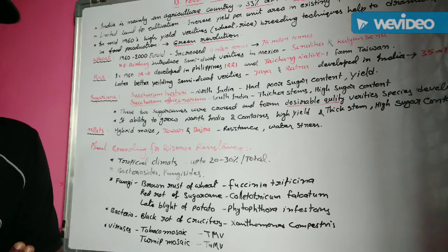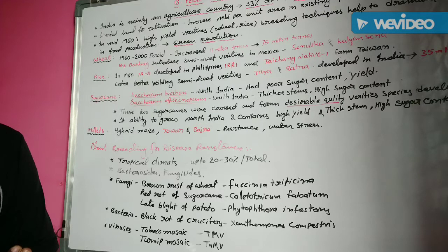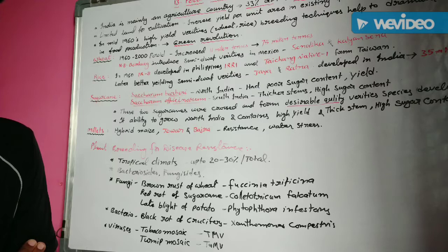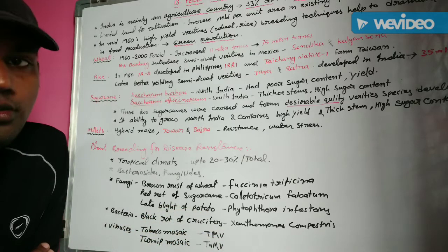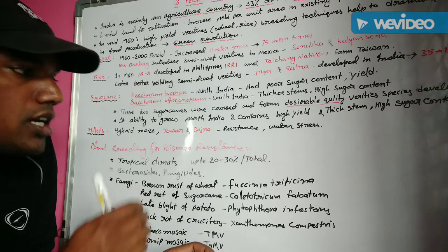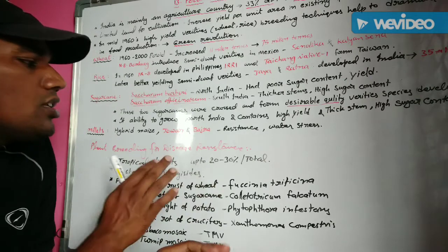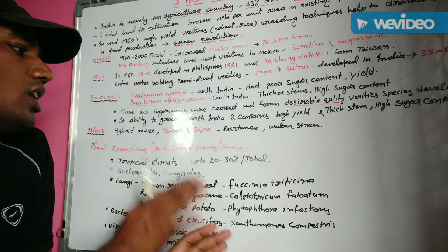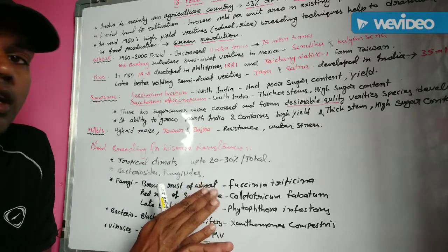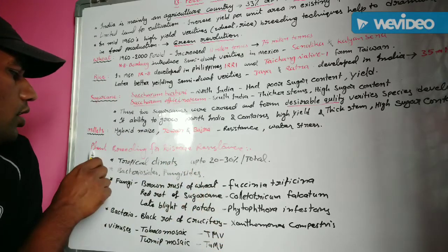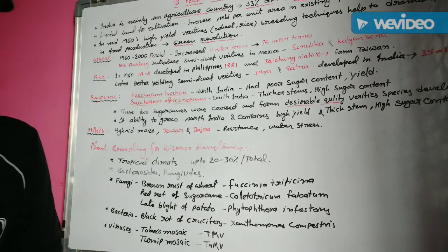So the resistance of the host plant is the ability to prevent the pathogens from causing disease, and is determined by the genetic constitution. The dramatic increase is mainly developed by the introduction of disease resistant plants. So the disease resistant plant is formed by the knowledge of plant breeding techniques.